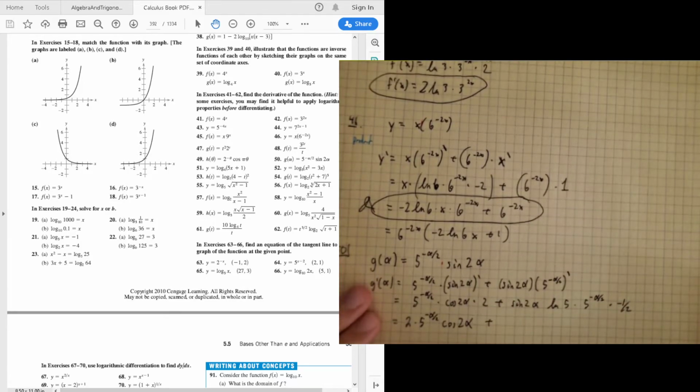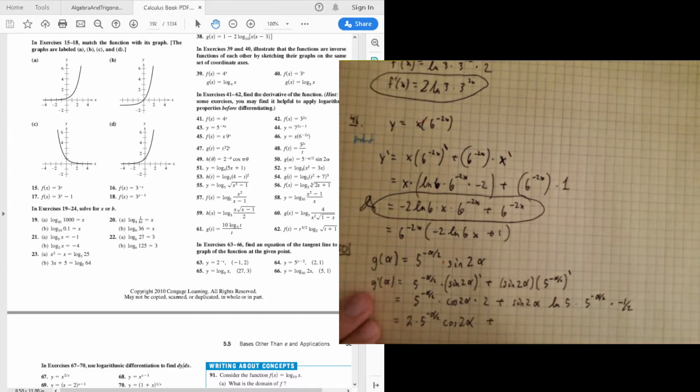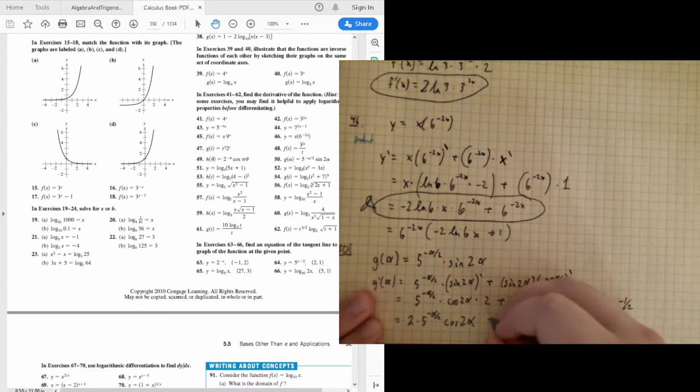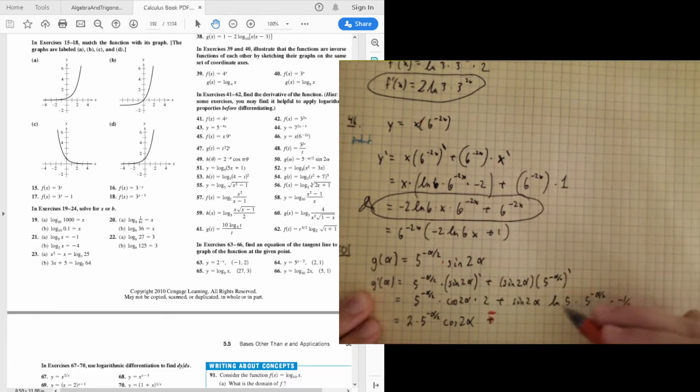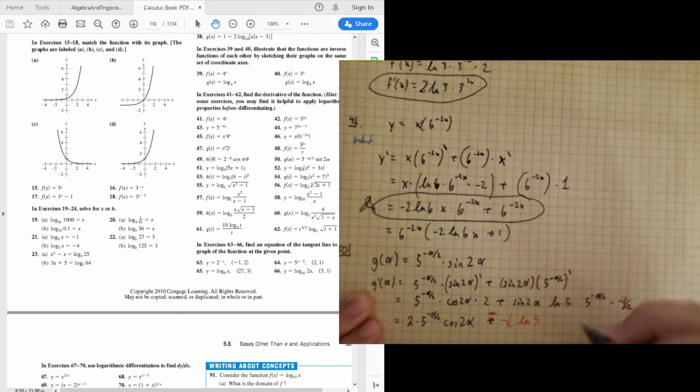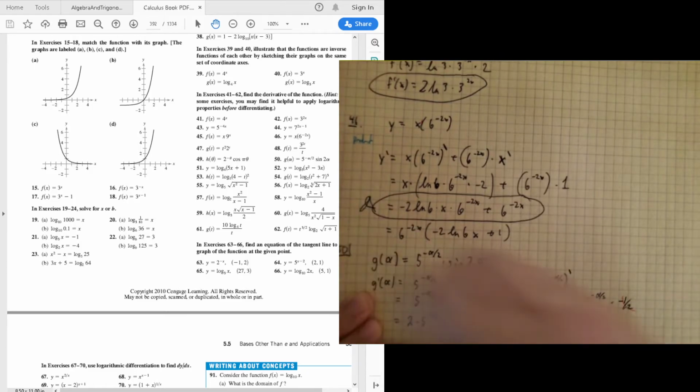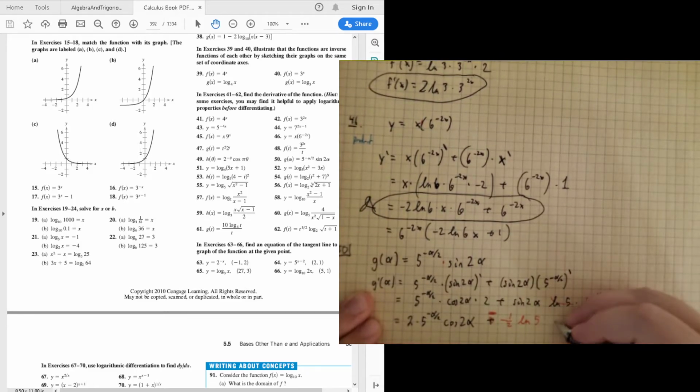And then we just write all our pieces out. So this plus sign should really be a minus sign. Negative 1/2 and ln of 5 can move out front. Negative 1/2 ln of 5. We would then do 5 to negative alpha over 2 sine of 2 alpha.